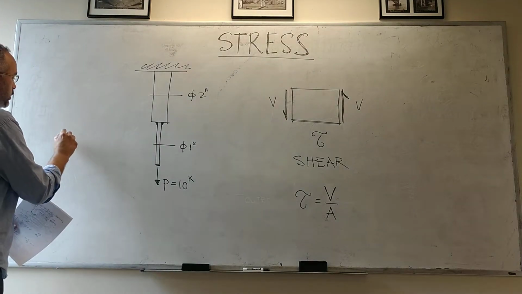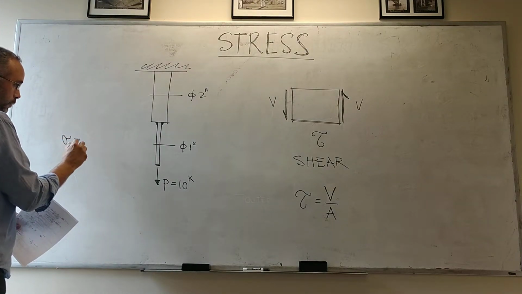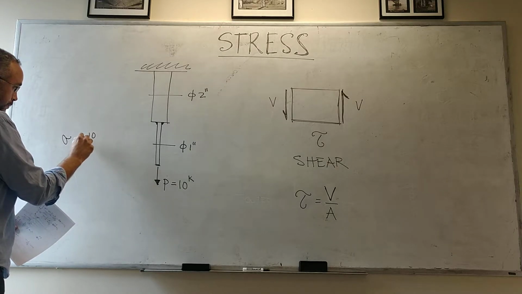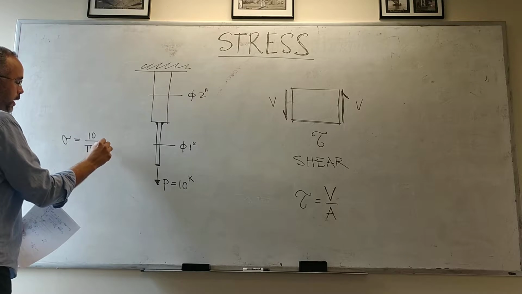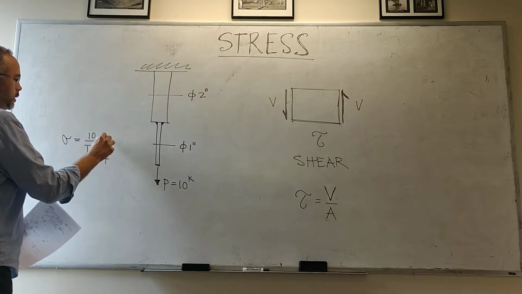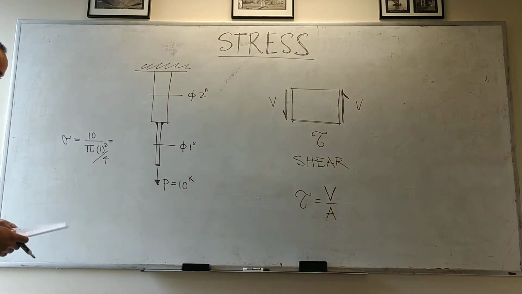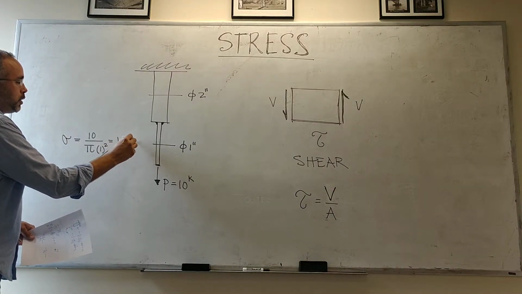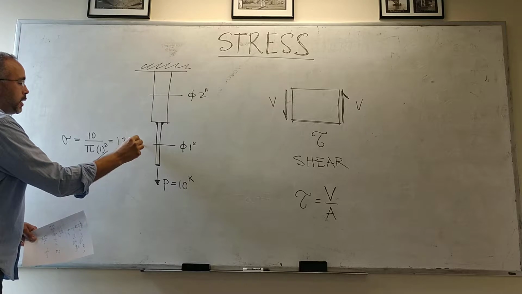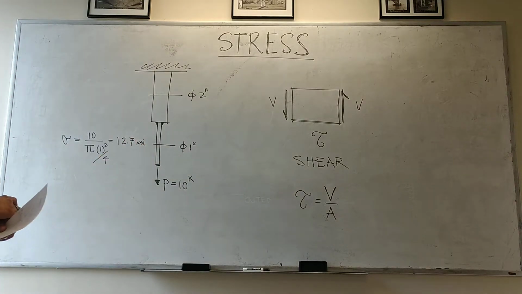So in this case, for this one, we would have 10 divided by the area, which is pi diameter squared divided by 4. If you do the calculation, that comes to approximately 12.7 kips per square inch.